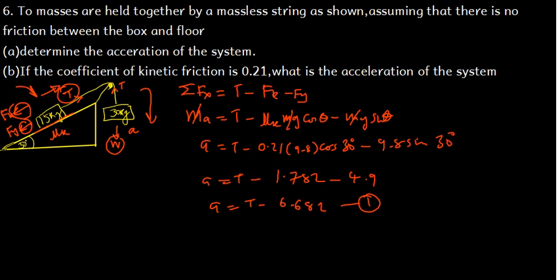To find the other equation, we go to this other mass. To that other mass, the same equation which we used earlier is going to apply. So the net force in y is going to be given by the weight, which is mg, minus the tension. There's no friction affecting this because it is not on the incline, it's just attached at that point.